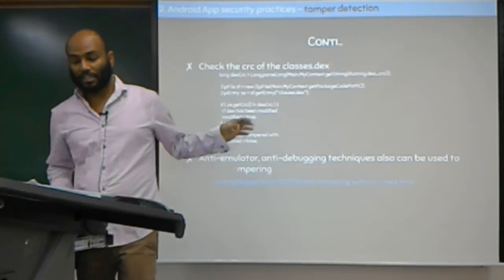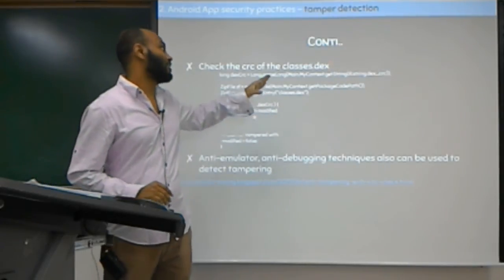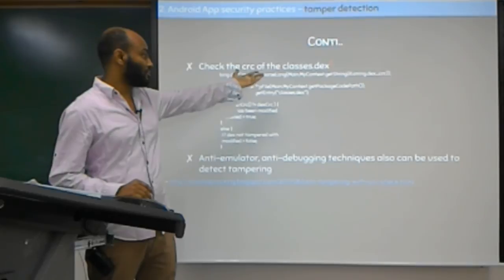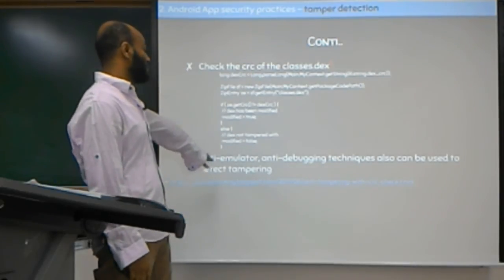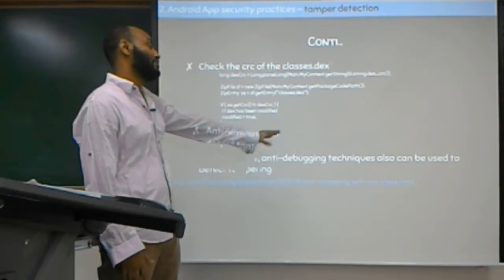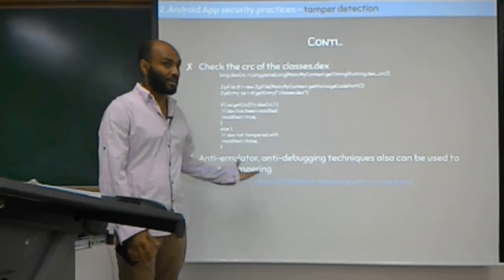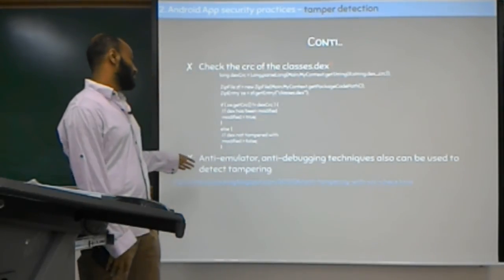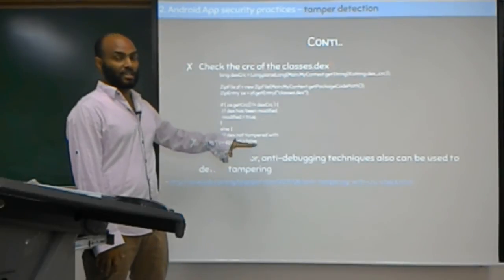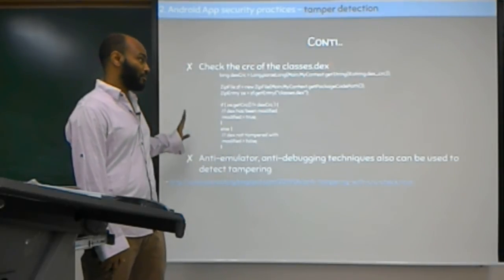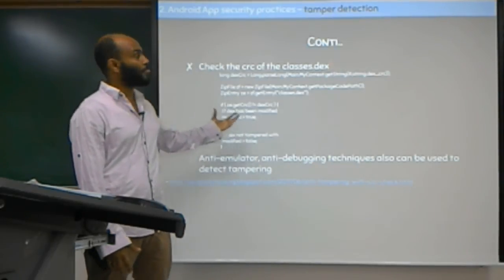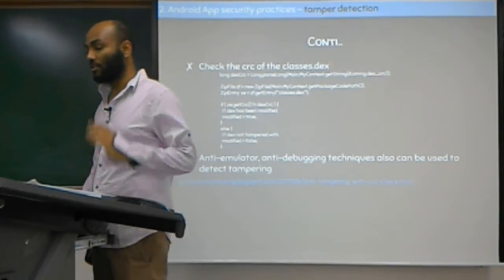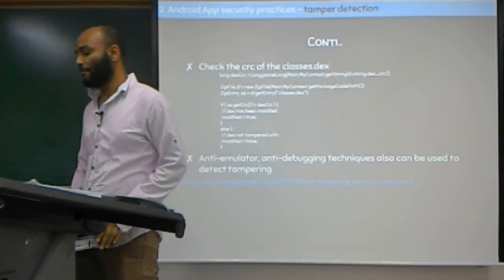Most of the time, anti-emulator or anti-debugging techniques can also be used to detect tampering, because it starts with debugging techniques and also with root detection, because most tampering methods need root privilege.